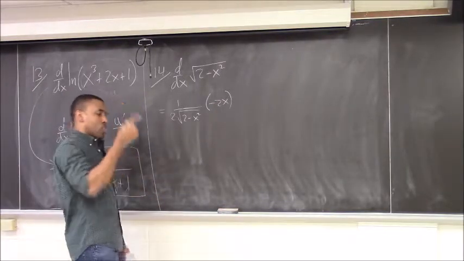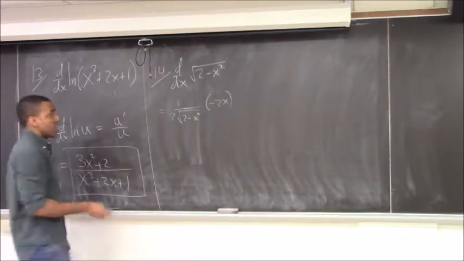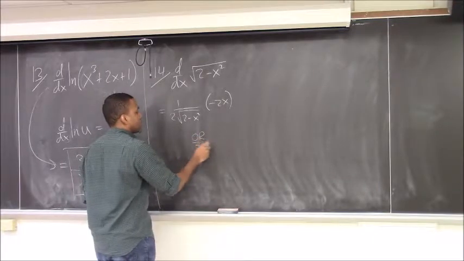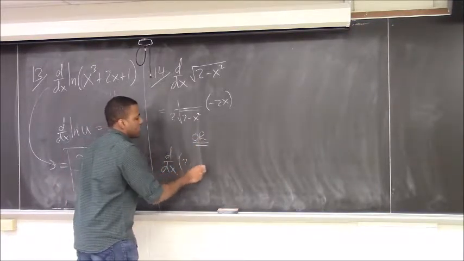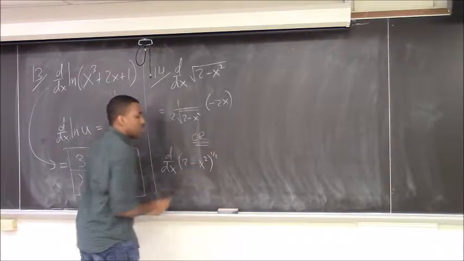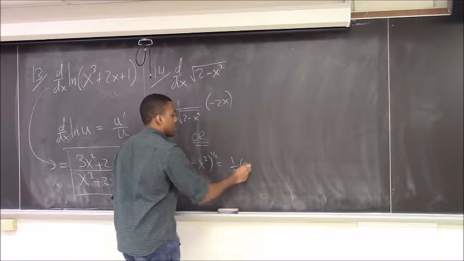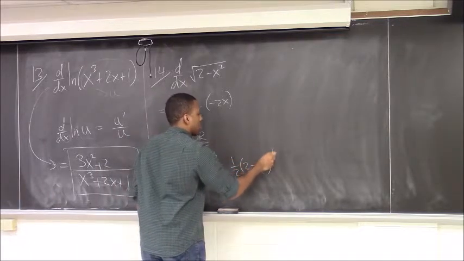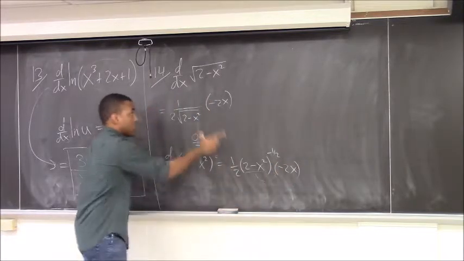So this is just remembering that the derivative of radical x is 1 over 2 radical x. Again, if you forgot that, you could have just rewritten it first to say that this is 2 minus x squared to the 1/2. And so then you can bring that half down and multiply by the derivative of the inside because of the chain rule, and you get exactly the same thing.